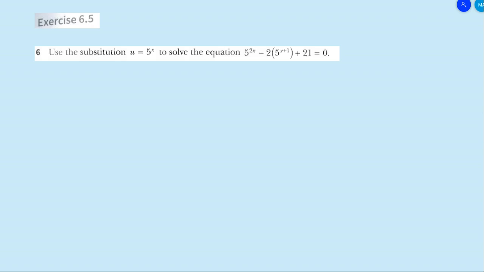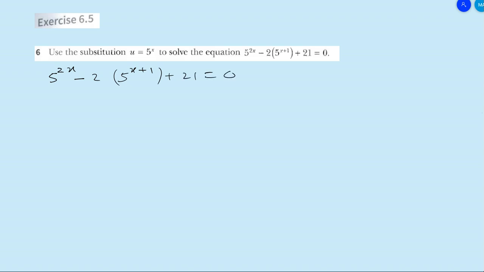Use the substitution u is equal to 5 exponent x to solve the equation 5 exponent 2x minus 2 into 5 exponent x plus 1 plus 21 is equal to 0. So same question just like question number 5. First write the question: 5 to the power 2x minus 2 into 5 to the power x plus 1 plus 21 is equal to 0.